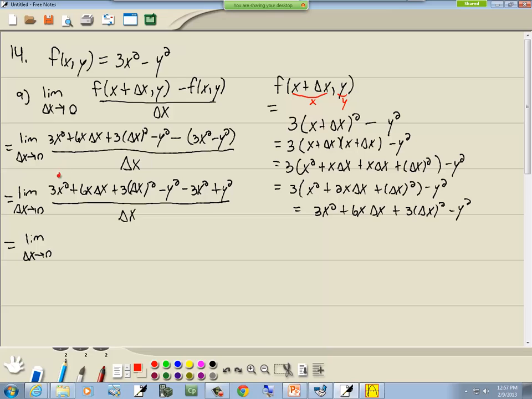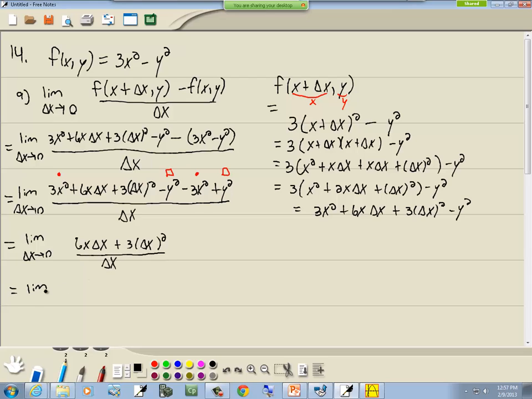Combining the like terms, 3x squared minus 3x squared drops away. Negative y squared plus y squared drops away. So we're left with 6x delta x plus 3 delta x squared all over delta x.